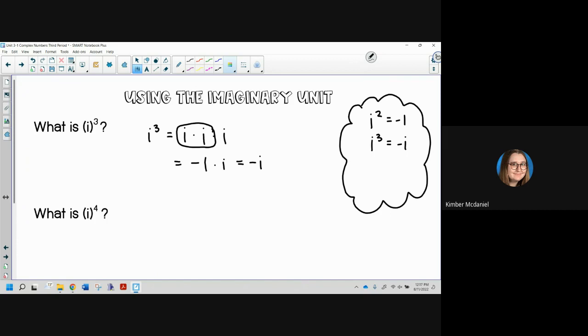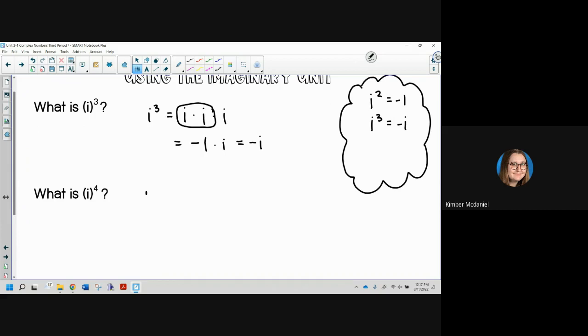Let's do the same thing with i to the 4th. So i to the 4th represents 4 i's: i times i times i times i. Again, using that key fact that i squared is -1, we're going to group these 2 i's and these 2 i's.